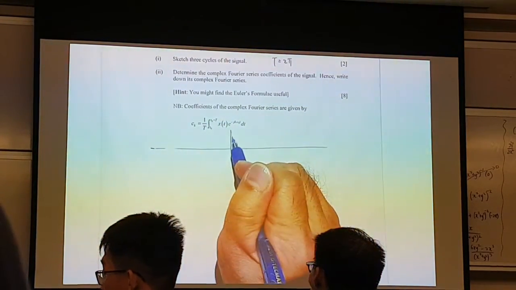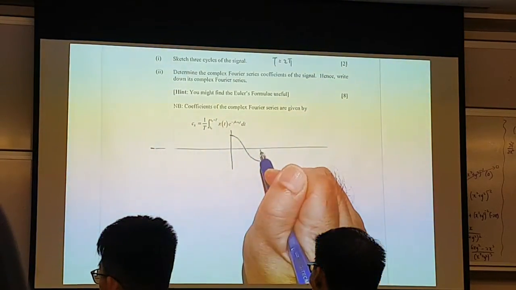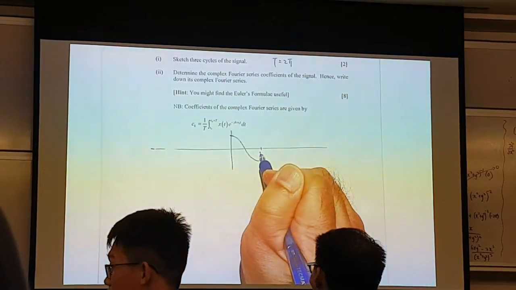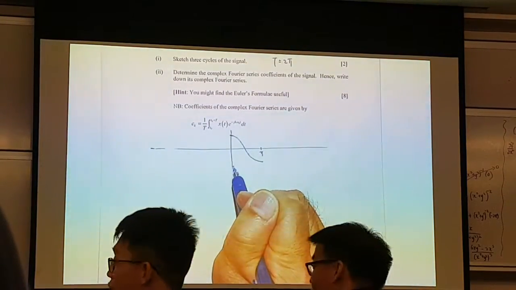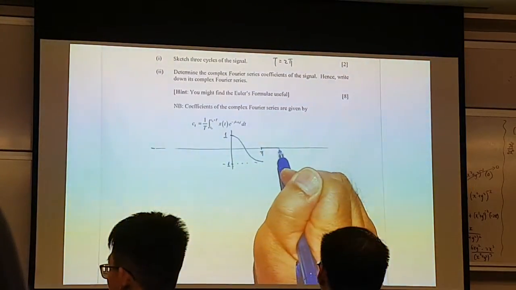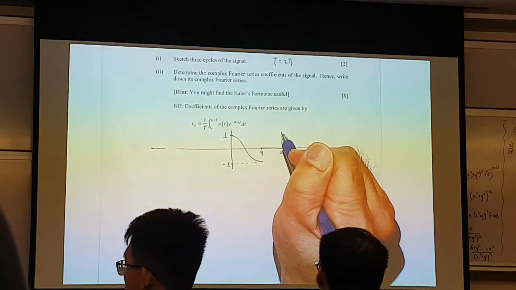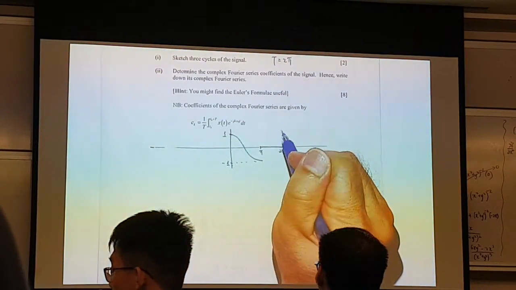So this will look something like this. If this is 1, so this will be your pi. This is minus 1, and this is 1. Then from pi to 2 pi, it is equal to 0. Then after that, it will start all over again.